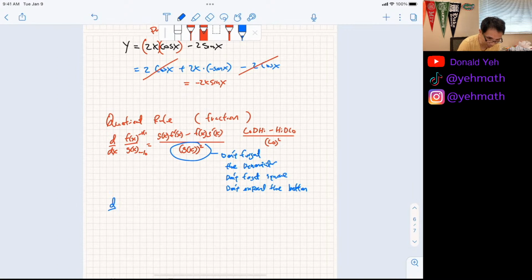So let's just say I want to take a derivative of this, 3x squared minus 1 over 2x minus 5, something like this. There are two functions. I remember the acronym. You start with the low.